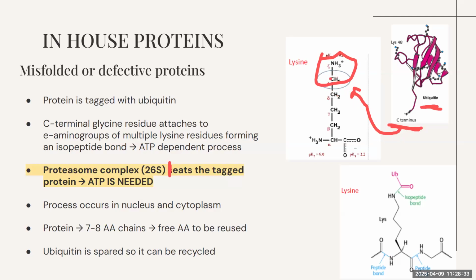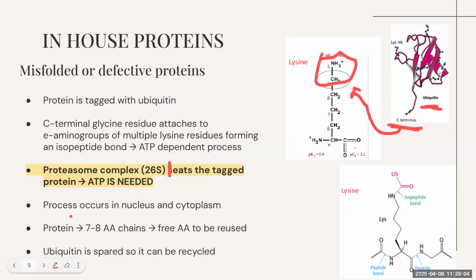The protein has multiple lysine amino acids, so multiple ubiquitins are tagging this protein, so it can go to the proteasome, specifically complex 26S, which eats the protein and breaks it down, liberating the amino acids. In this reaction, ATP is needed.